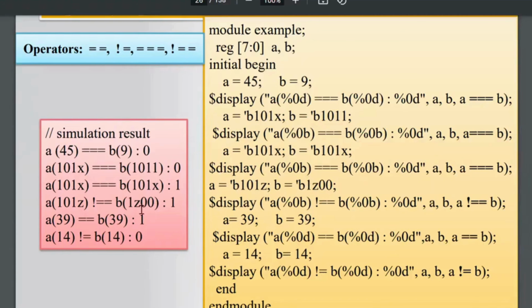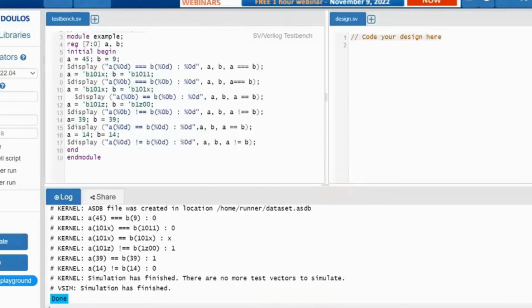Okay, you got the correct value X. That means if you use double equal to, you get X. Then it is correct. That means it is not checking with high impedance or unknown values by using double equal to. Verilog is also the same, right? Yes. If you use triple equal to, then only it will check with the unknown values. If you use double equal to, it doesn't check. It checks only for binary values 0 and 1.